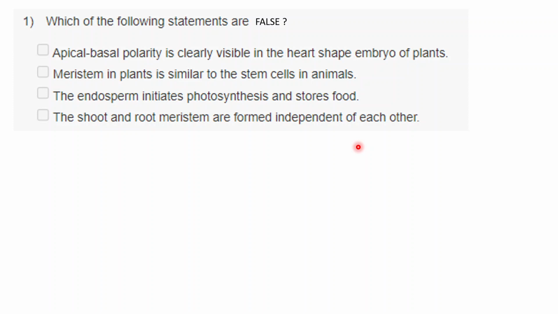Option B: meristem in plants is similar to the stem cells in animals. Option C: the endosperm initiates photosynthesis and stores food. Option D: the shoot and root meristem are formed independent of each other. Which of the following statements are false?